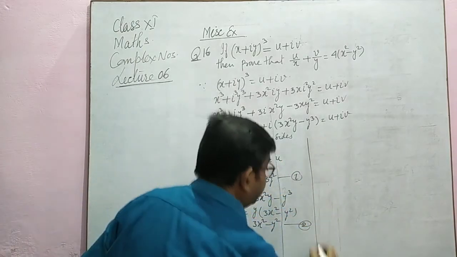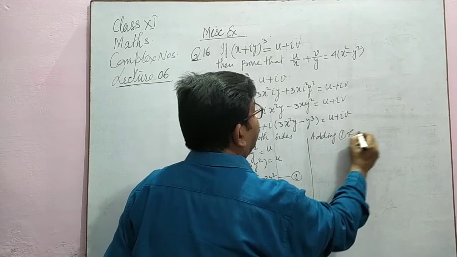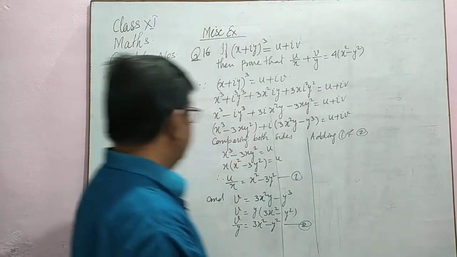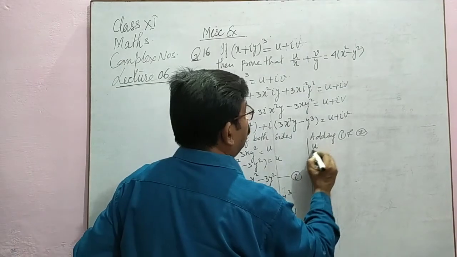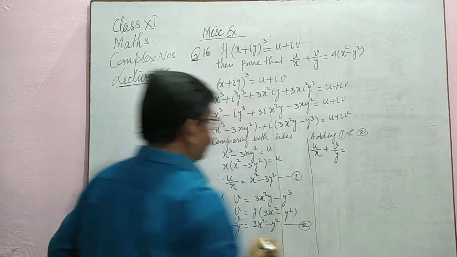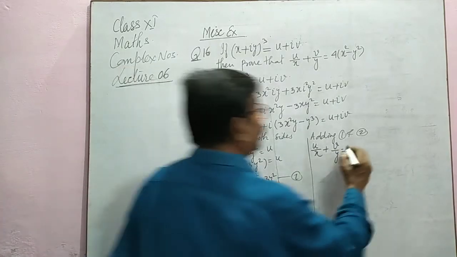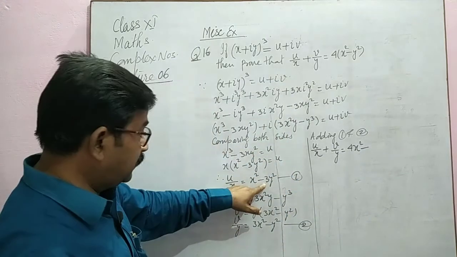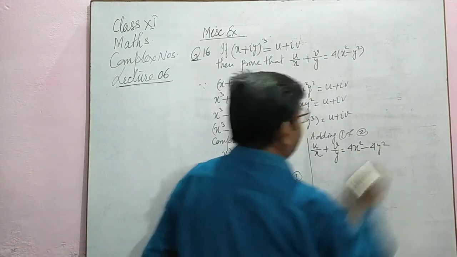Now add equation number 1 and 2. Adding 1 and 2, what do we have on the left side? We have u/x and v/y. So u/x + v/y is equal to, here we have x², here we have 3x², so we have 4x² minus 3y² and minus y², minus 4y².